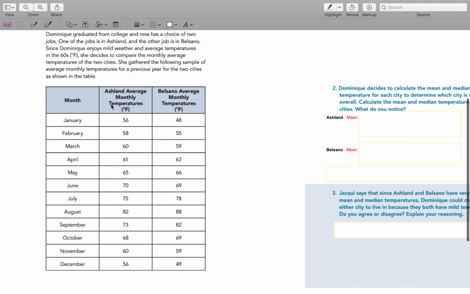All of these added together, all divided by the number of the data. So we have right here 56, 58, 60, 61, 65. We're going to add all of these up like this, okay? And then we're going to divide it by 12, because there are 12 months in a year.